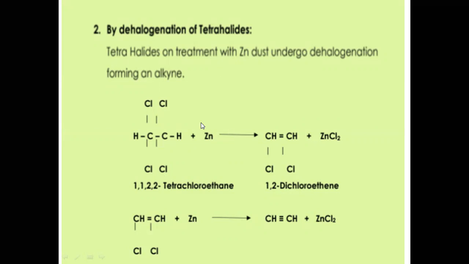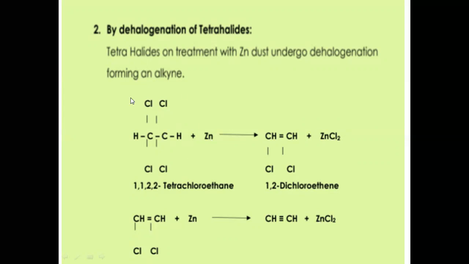The dehalogenation of tetrahalides will take place in the presence of zinc dust. Zinc dust actually means zinc in the powder form. It will be used for this purpose. This zinc will eliminate two chlorine atoms in the first step, and the remaining two chlorine atoms in the second step.